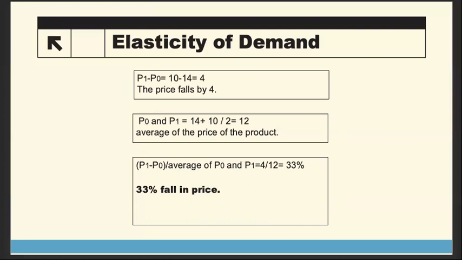We can say that the price falls by 4, from 14 pesos, which is P0, to 10 pesos, which is P1. The 33% is the percentage of the average of 14, which stands for P0, and 10, or price 10 for P1, which is 12.